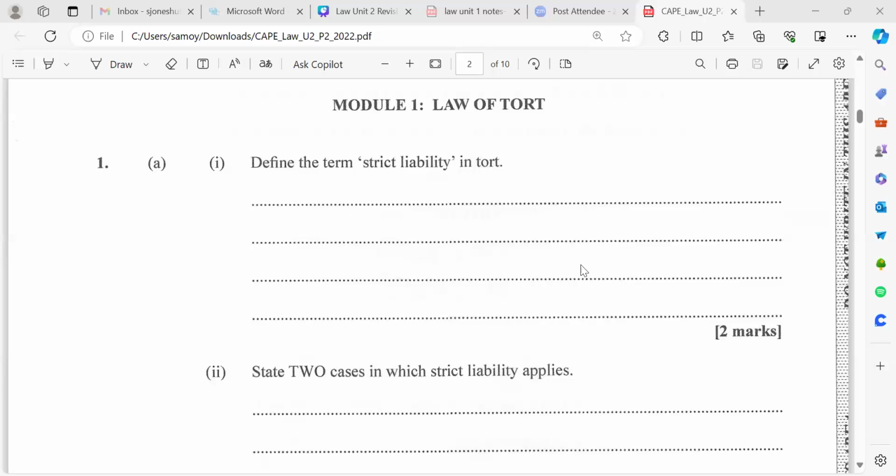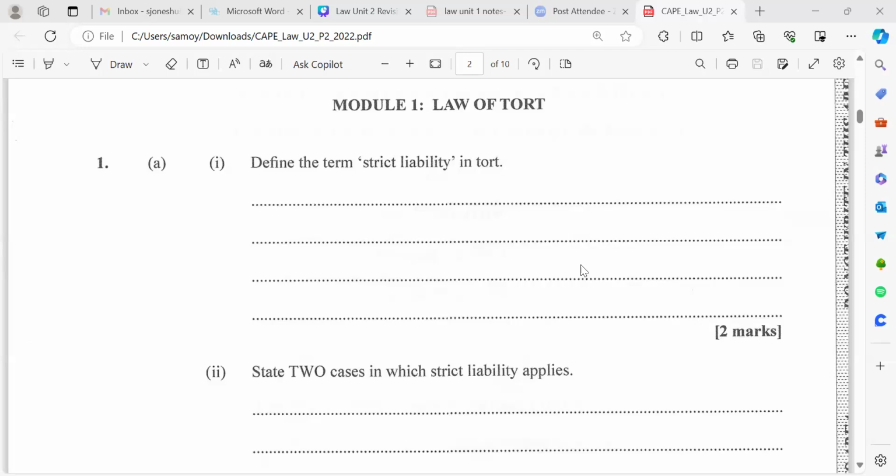Since we're clearly not getting the answers to these questions, my suggestion to you guys would actually be to take this past paper, this one that we're viewing right now, and use it to start making notes, because define the term strict liability and two cases in which strict liability applies, that's kind of what you learn on day one. If you're not at day one, you can't really expect us to get you to day 200 and something now that you have the exam.